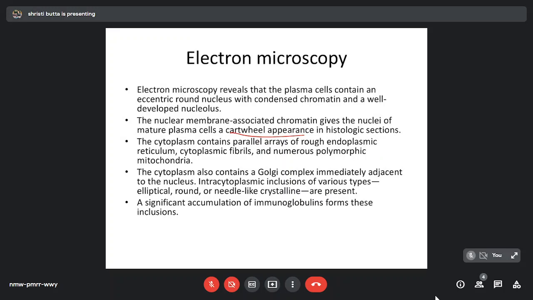Now coming to the non-neoplastic disorders of plasma cells. Let's discuss that first. We have common variable immunodeficiency. This presents in patients who have an IgG level that is less than 400 milligrams per dL.